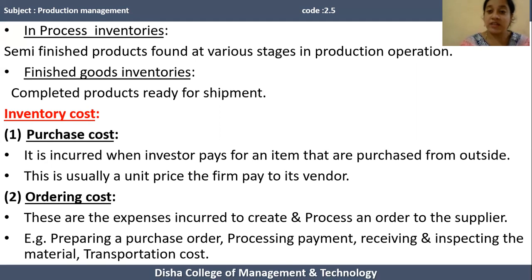So for that reason the purchase department takes the help of a chemist and quality control engineer, and the firm is required to pay a certain amount to these personnel. So whatever the cost associated with receiving and inspecting the material, that comes under ordering cost.